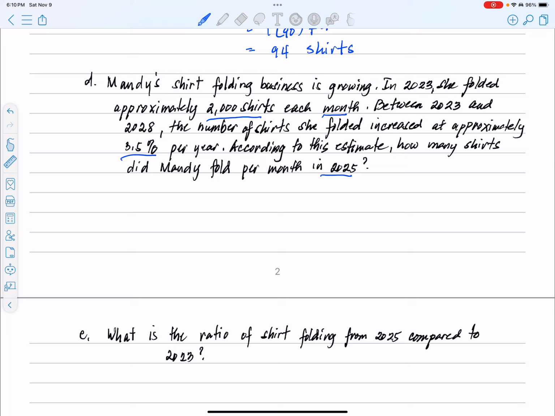So how can we use that formula? Maybe we can write something like, okay, the final amount would be equal to the initial, the starting amount you had, times 1 plus the growth rate.